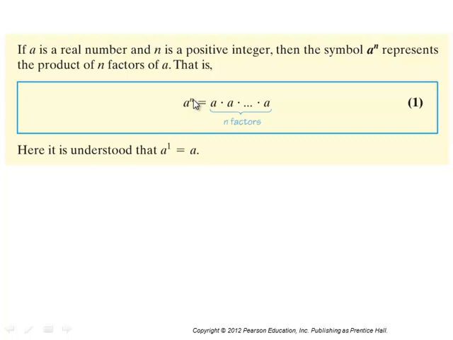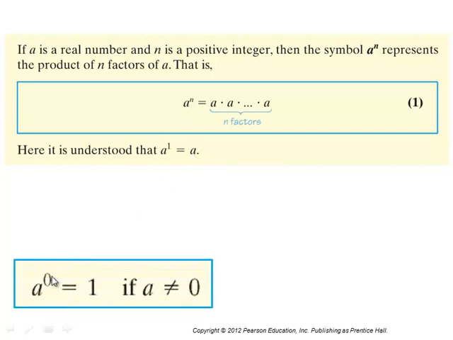But suppose that n is a positive integer. a to the nth power means a times a times a times dot dot dot, where you have a written down n number of times, and there you have n factors of a. So it's just shorthand for repeated multiplication of a number with itself. By the way, a raised to the 1 power is always a itself. Any number raised to the 1 power is itself. Any number raised to the 0 power is 1, provided that the number itself, a, is not 0.